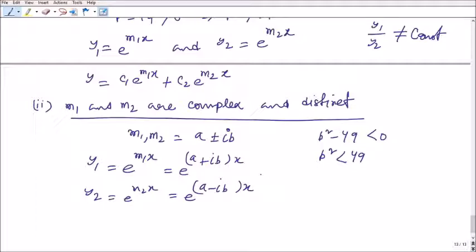So the general solution is y equal to c1 e to the power a plus ib into x plus c2 e to the power a minus ib into x.